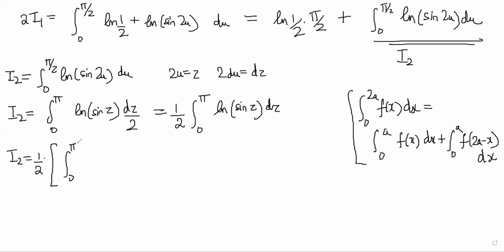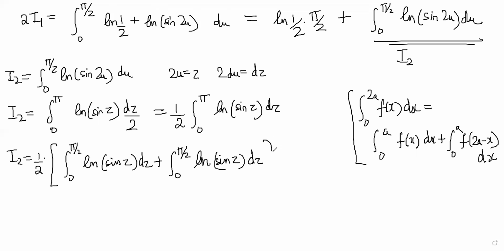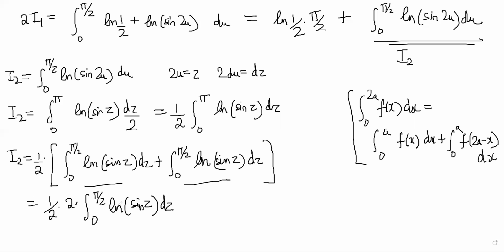I'll split into two parts: integral 0 to pi by 2 ln sine z dz plus integral 0 to pi by 2 ln sine (pi minus z), which is the same as sine z, dz, right? So clearly you're getting 2 times integral of ln sine z dz. So I2 is equal to half into 2 times integral 0 to pi by 2 ln sine z dz. So the half and 2 cancel, and it is equal to integral 0 to pi by 2 ln sine z dz, right?